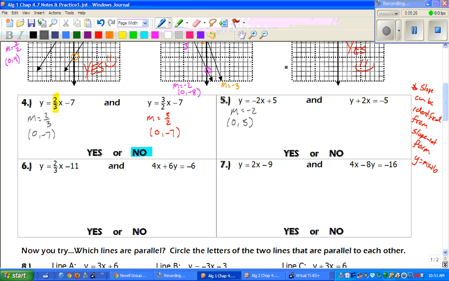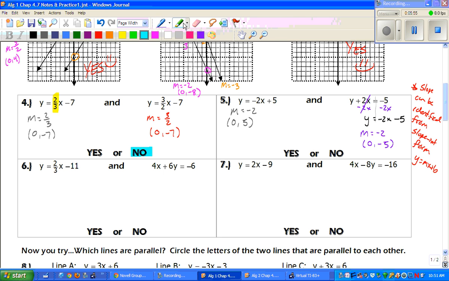Now, this is not in y equals mx plus b, so we have to subtract the 2x from both sides. We get y equals -2x, oh, that's not plus 5, that's -5.